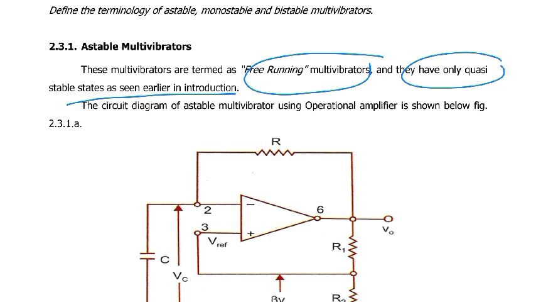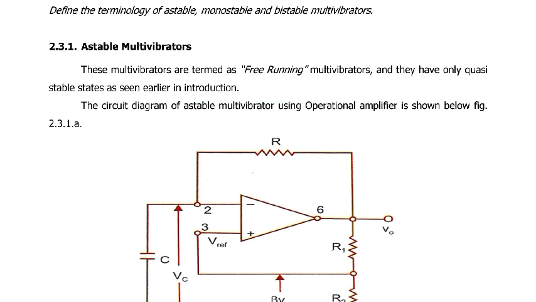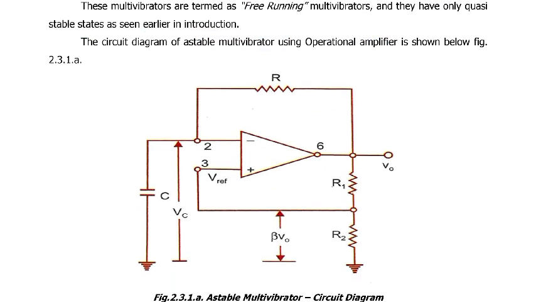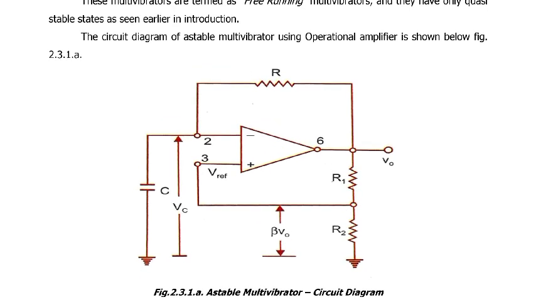The circuit diagram of an astable multivibrator using operational amplifiers is shown below. This is the circuit diagram of an astable multivibrator.